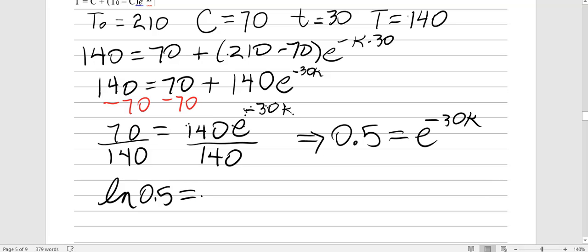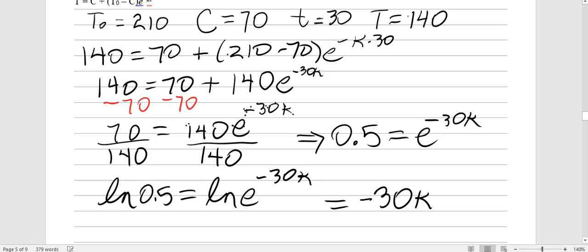So the natural log of 1/2, or 0.5, is the natural log of e to the minus 30k. And we know that the natural log reverses the operation of the exponential function, so we simply get the exponent. We divide both sides by negative 30 to find our k.